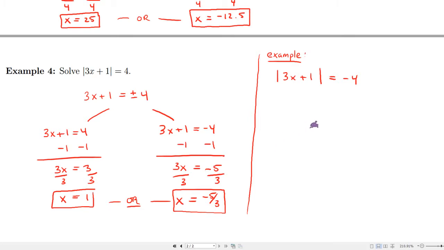But that's a problem because what's happening here? Well, you're taking the absolute value of something. And when you take the absolute value, you are always going to get a non-negative. You're either going to get 0 or you're going to get a positive value. And so it's impossible to take the absolute value of something and get a negative number. So how do we denote this? Well, there's no solutions. No solution.